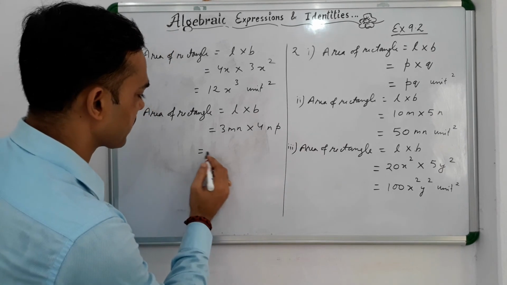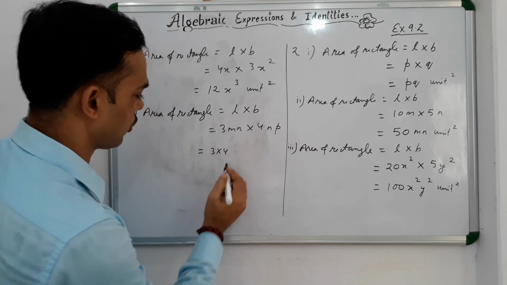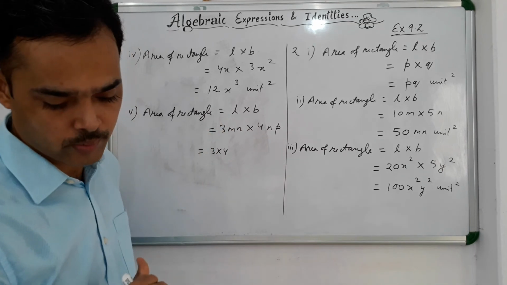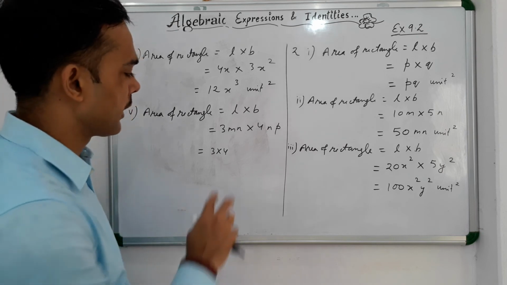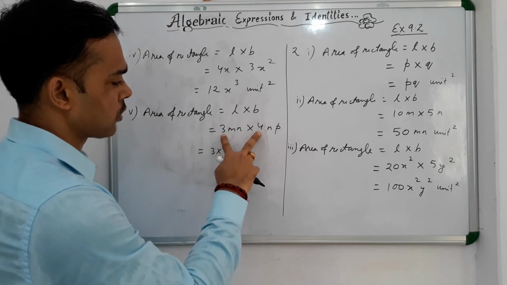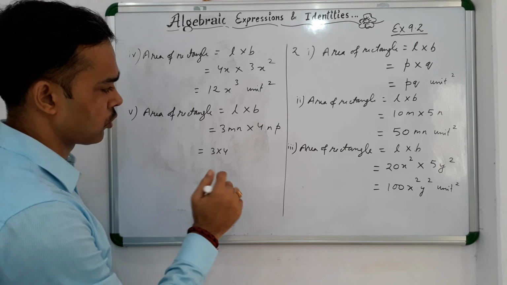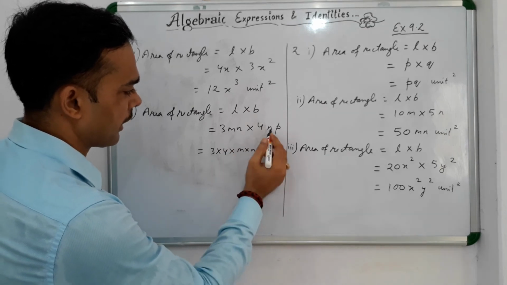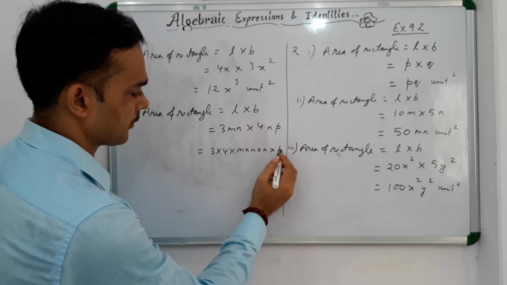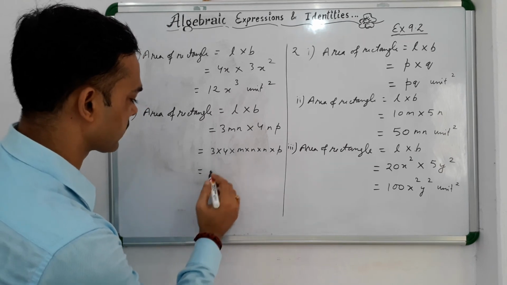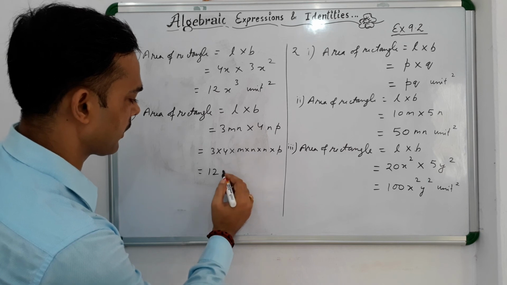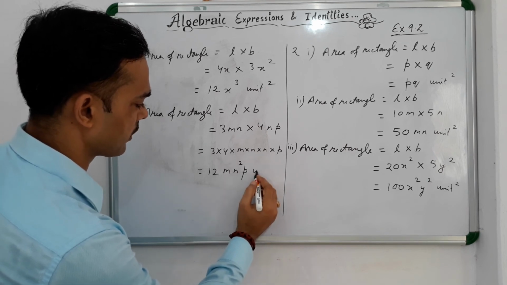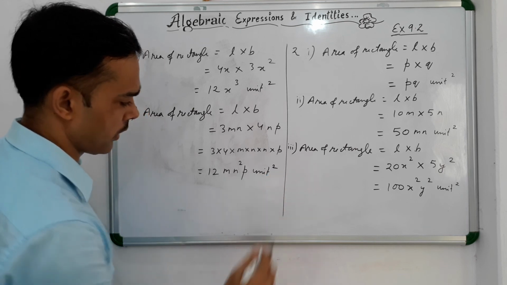Okay, now they both are positive, so it will remain as it is. Then you have to multiply the constant by constant, so 3 into 4. Then m into n into n into p. Now 4 3s are 12. N into n will become n square, so 12mn square p unit square.